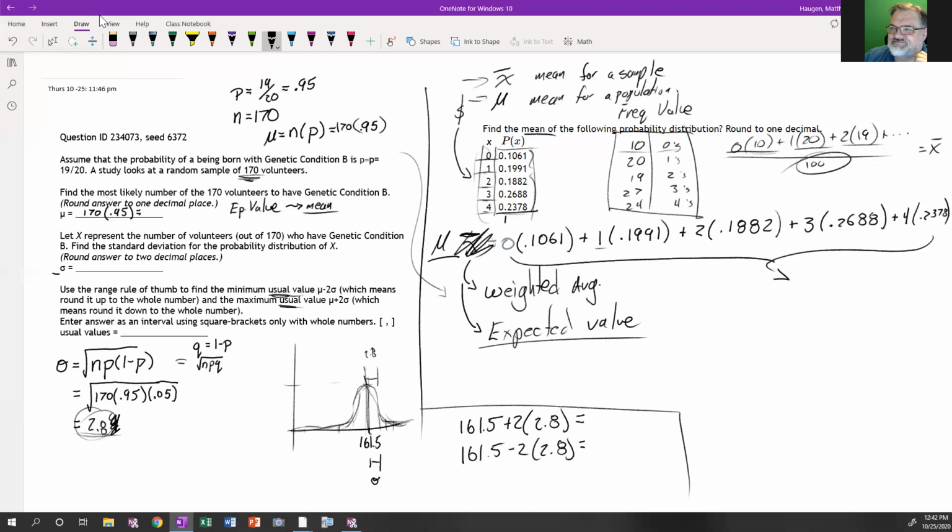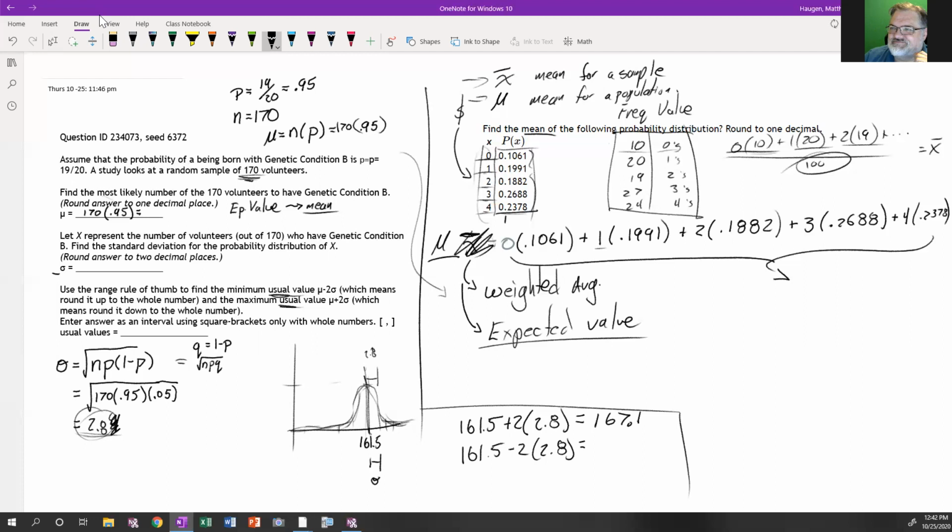161.5 plus 2, because again, we want 2 standard deviations from our mean, 2 times 2.8. That's 167.1. Now, use the range rule of thumb to find the minimum usual value and the maximum usual value.